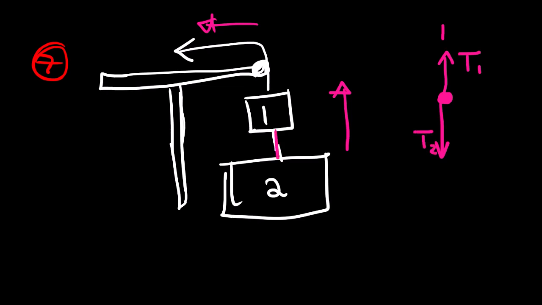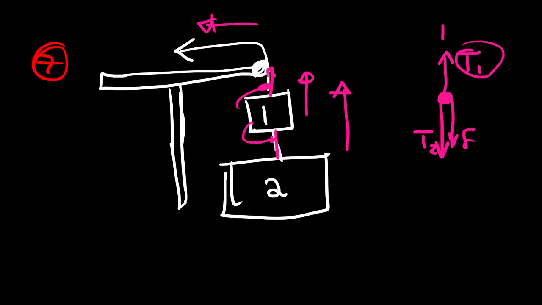And then since it's moving up, you can see that in front of this object we have a rope moving this direction. That is why it's T1. And then behind we have another rope, which is T2 going down. And then we have Fg.